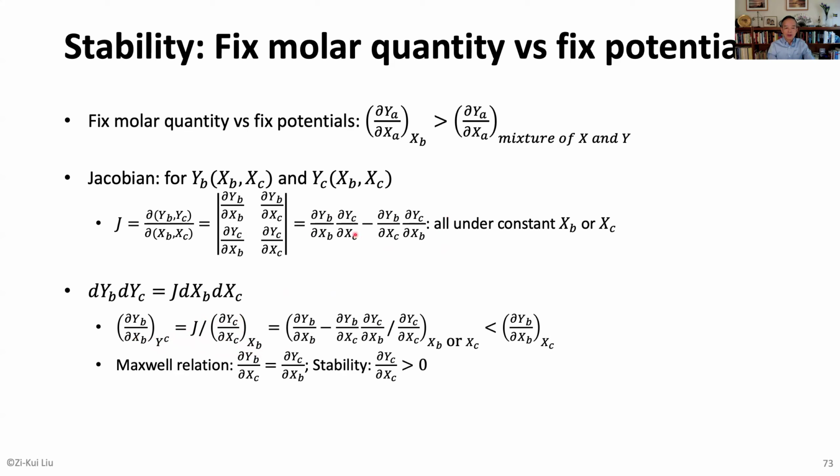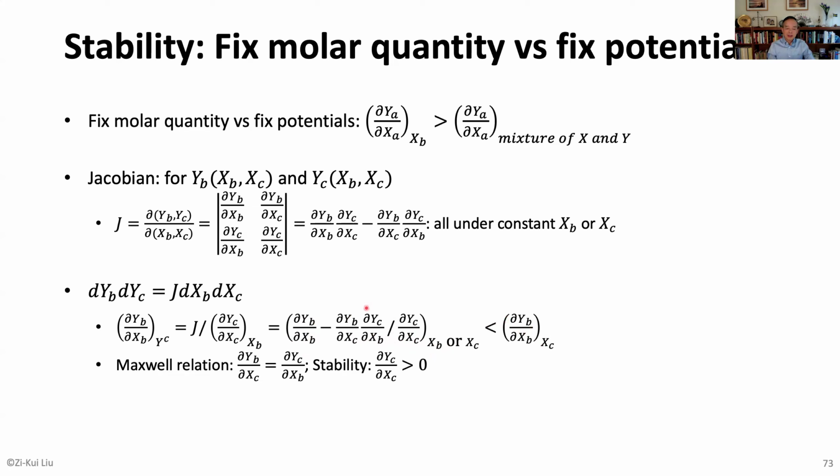It cancels the first YC_XC. The remaining is YB to XB, minus YB_XC times YC_XB, still divided by YC_XC. These derivatives are taken at either constant XB or constant XC. We can see that this is less than YB_XB with XC kept constant. So this is YB_XB with XC constant, equal to that one.